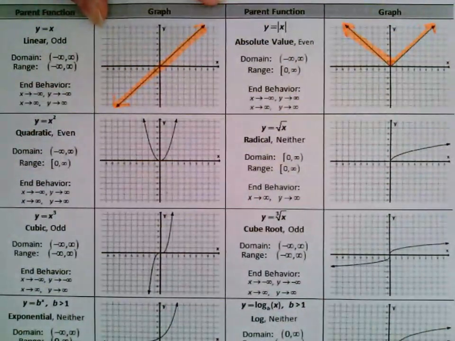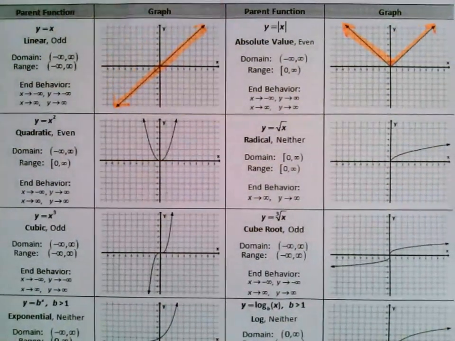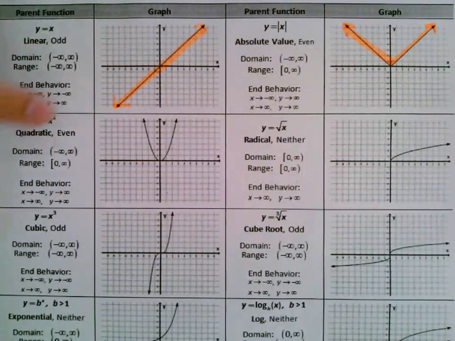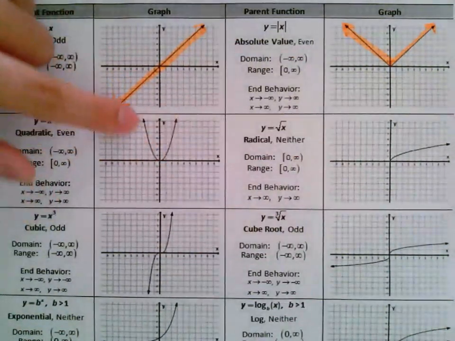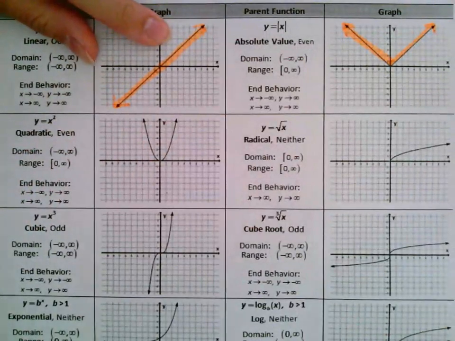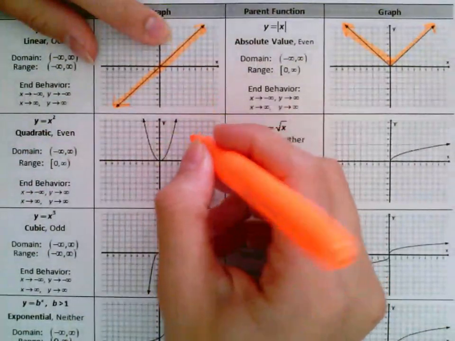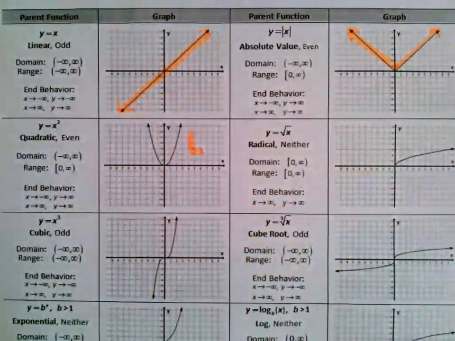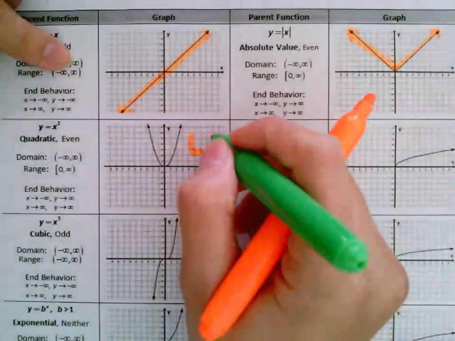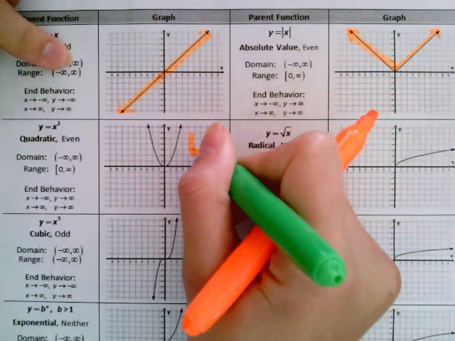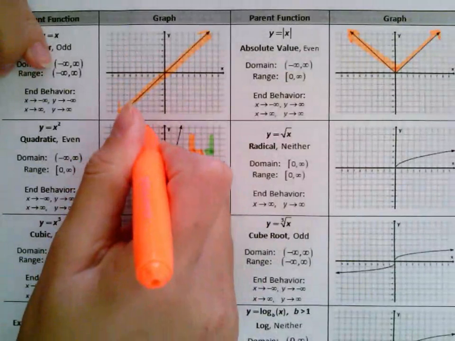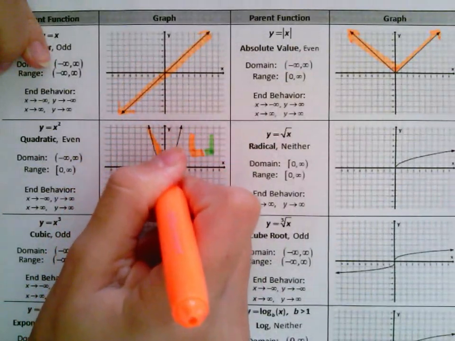All right, so we go on to the next one, y equals x squared. This is a quadratic, and it kind of looks like a U. So if you know me, you know I am a UM fan. So I tell everyone, x to the 2, it's all about the U. Here's one of the things I would do in class to help you remember.